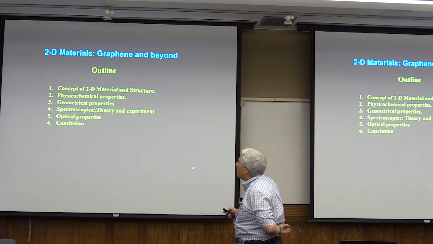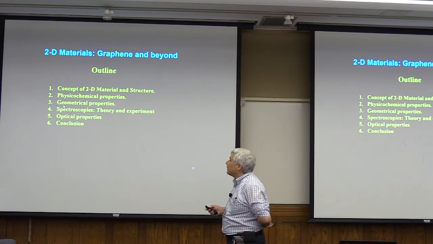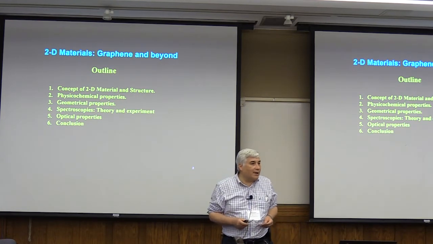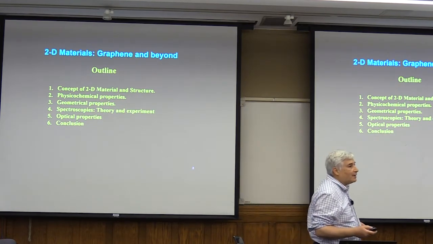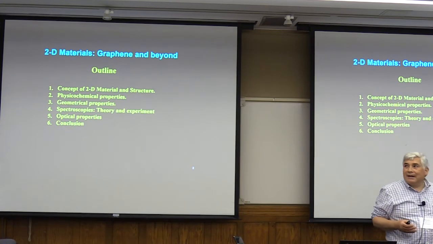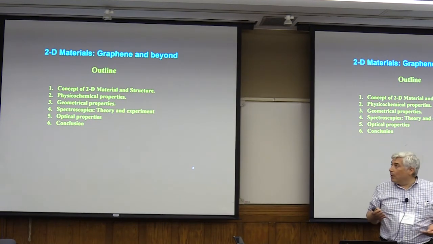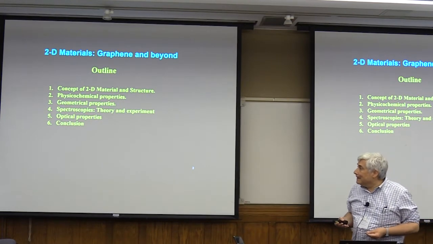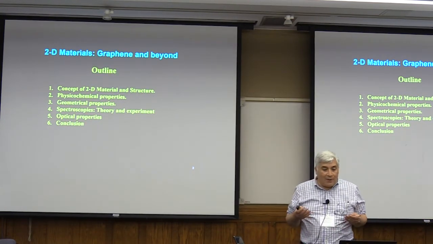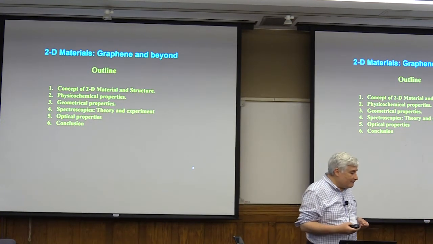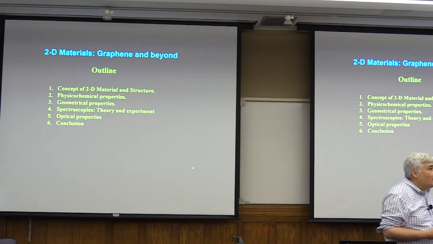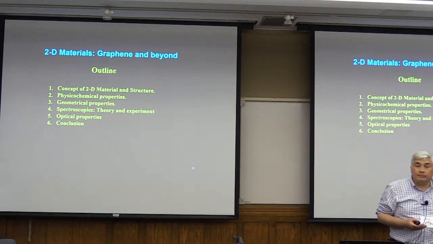And of course, I will talk about spectroscopies. This has to do with the characterization of two-dimensional materials. How can we characterize the material in a way that we have a reliable fingerprint of what is going on.